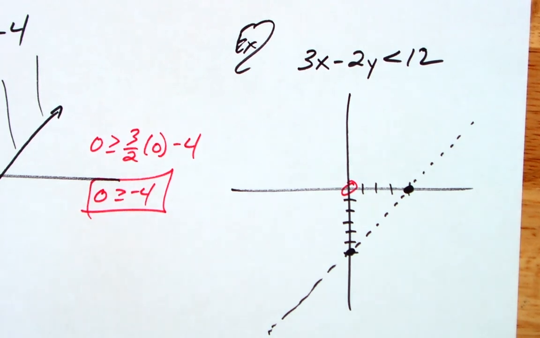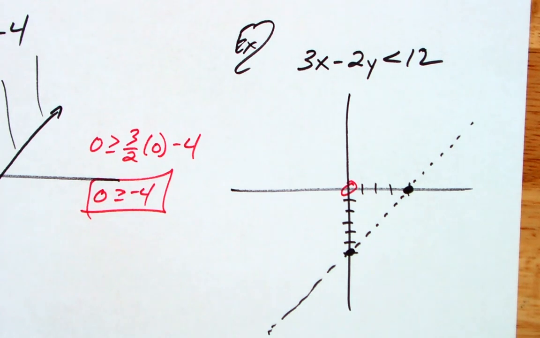So plug in 0, 0. Okay, should I shade up or down? Only one person has an opinion? Up.